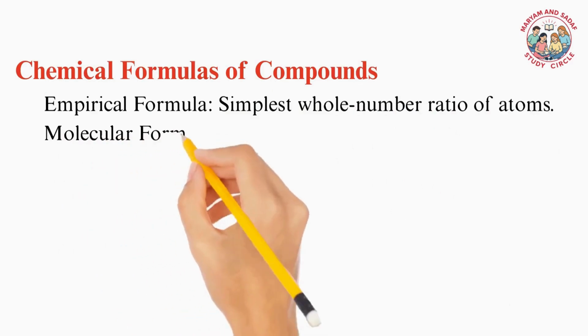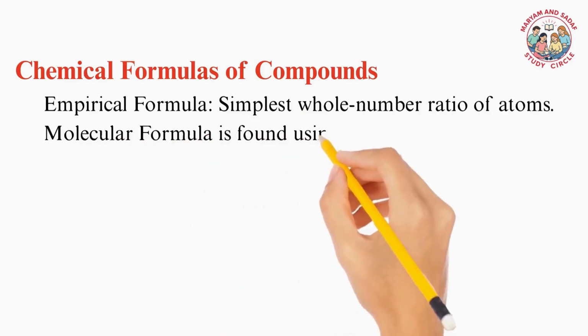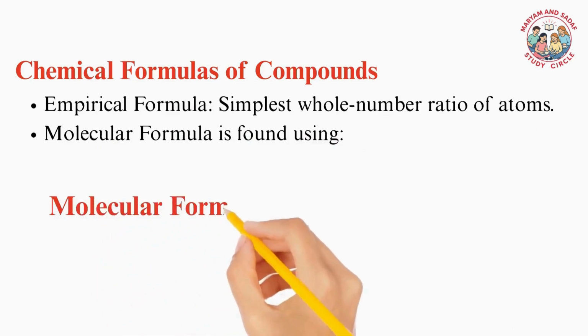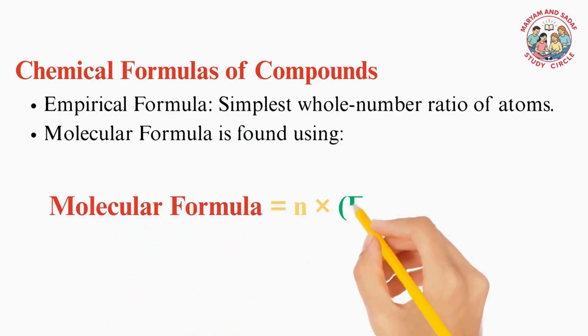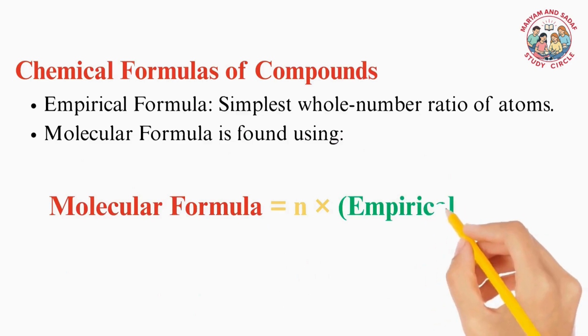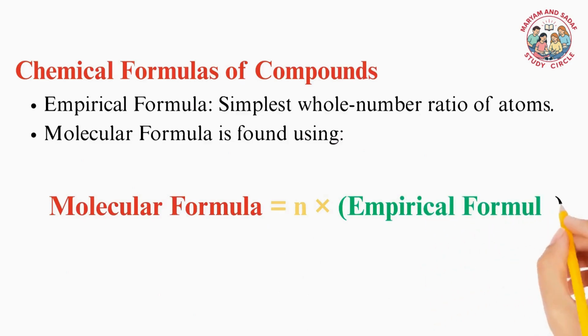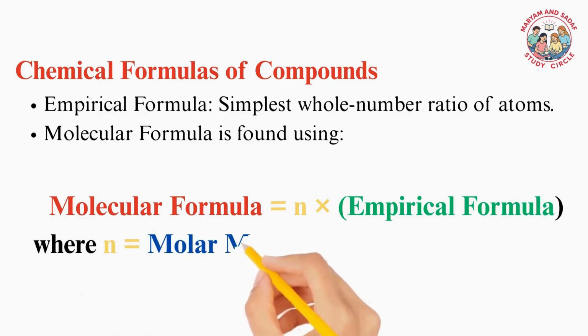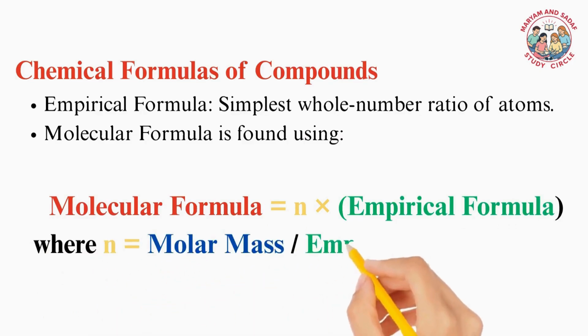Molecular formula is found using: molecular formula equals n multiplied by empirical formula, where n equals molar mass divided by empirical formula mass.